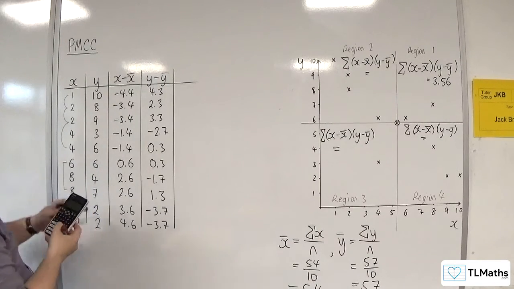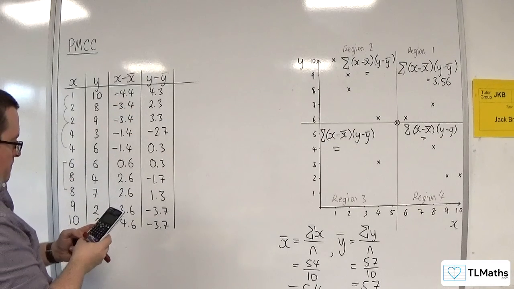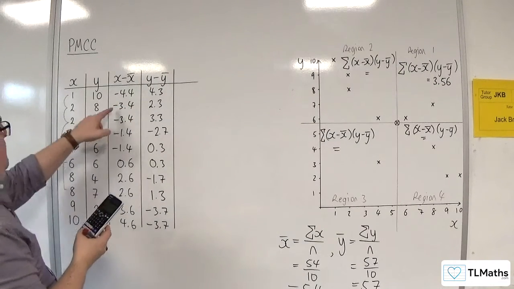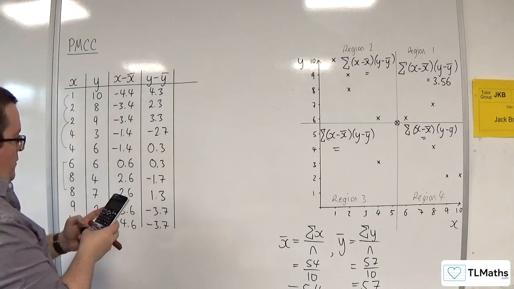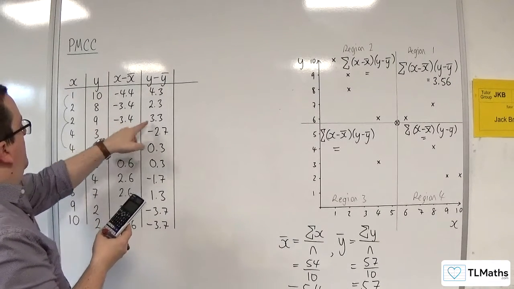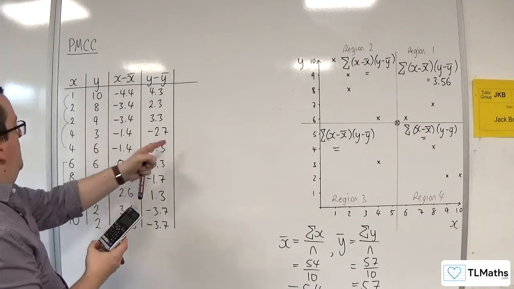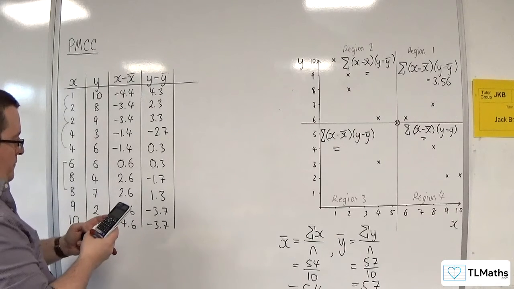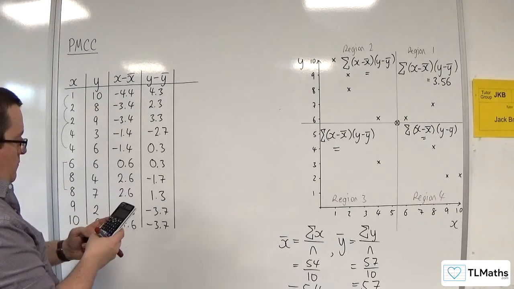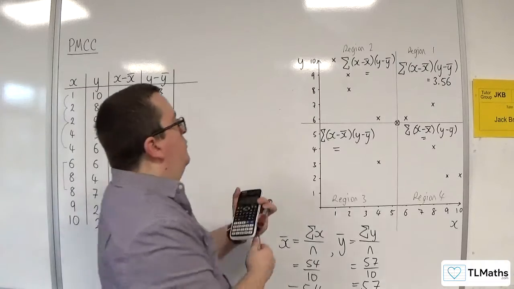So I'm going to do minus 4.4 times 4.3, plus minus 3.4 times 2.3, plus minus 3.4 times 3.3, and plus minus 1.4 times 0.3. So minus 38.38.